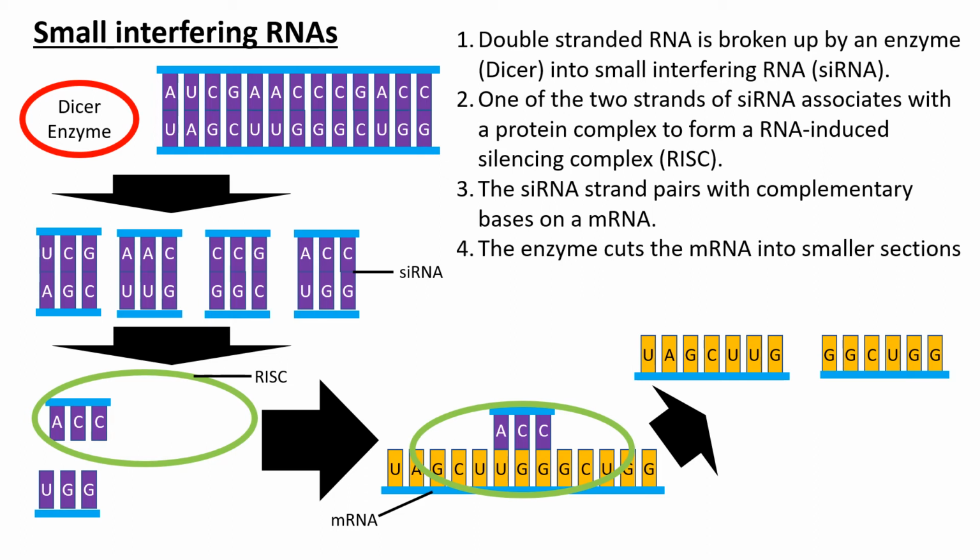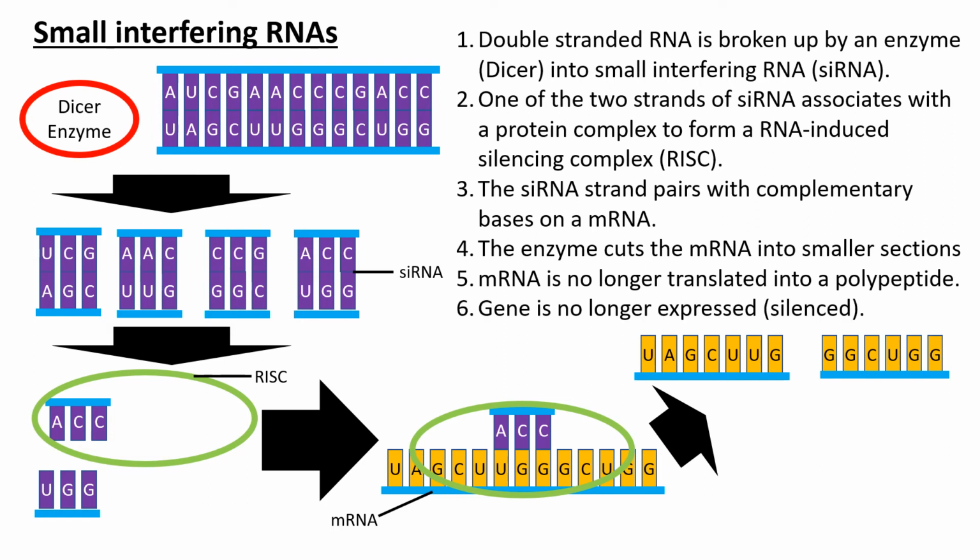When it does that, the enzyme, the protein that's associated, cuts that messenger RNA up into sections, and as a consequence, the messenger RNA is no longer correctly transcribed into a polypeptide because we've essentially cleaved the gene at some point along the messenger RNA strand. So when it goes to the ribosome, it does not form a fully functioning polypeptide.